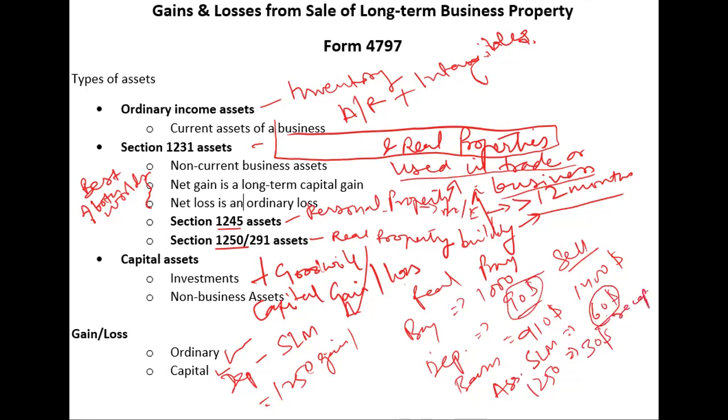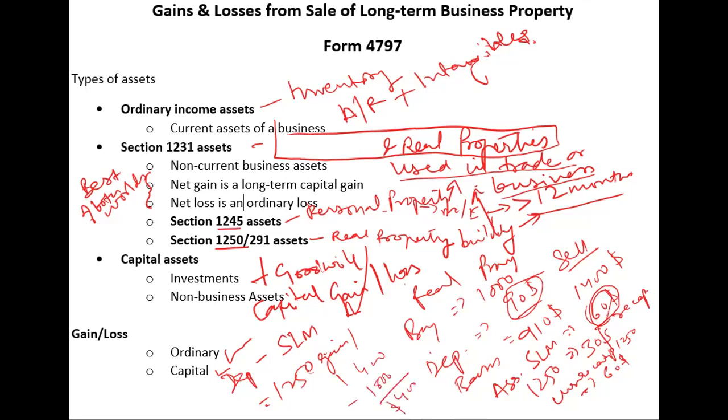Then we have unrecaptured gain, which is taxed at 25%. The unrecaptured 1250 gain will be the remaining SLM part, that is $60, taxed at 25%. Then for the remaining, we have 1400 minus the 1000 buy price, so we are left with $400.